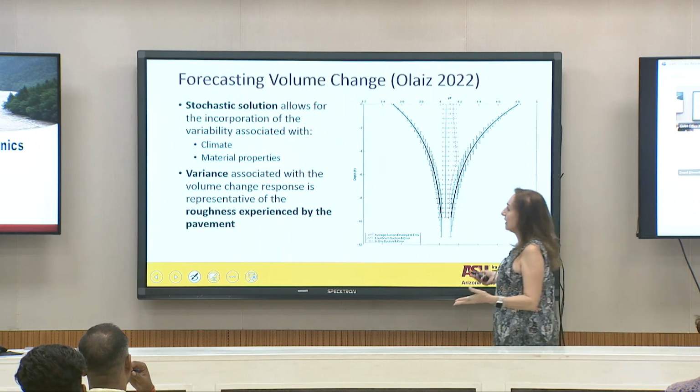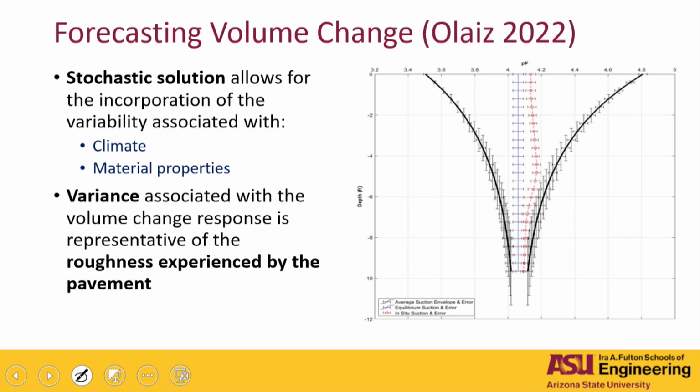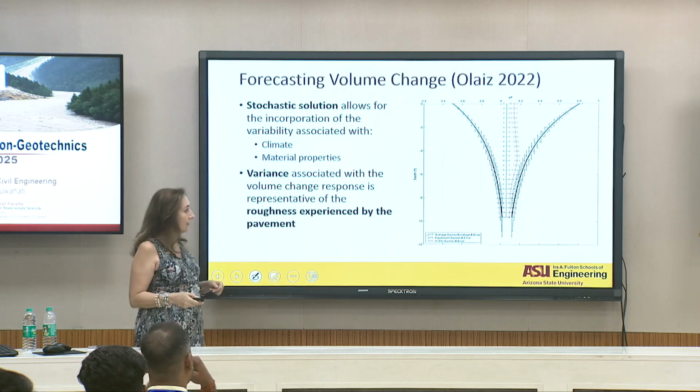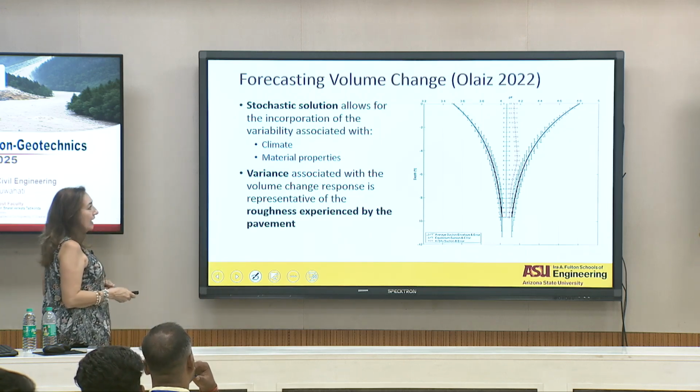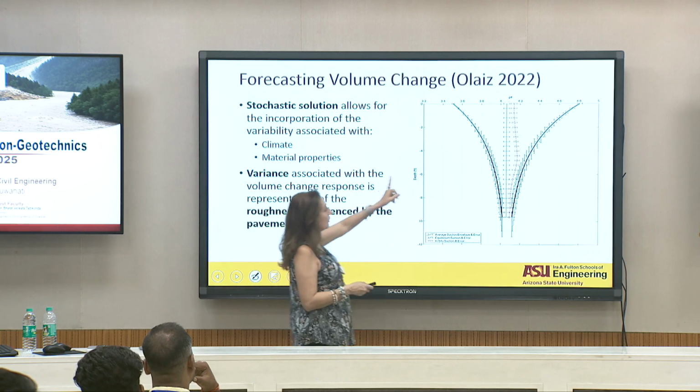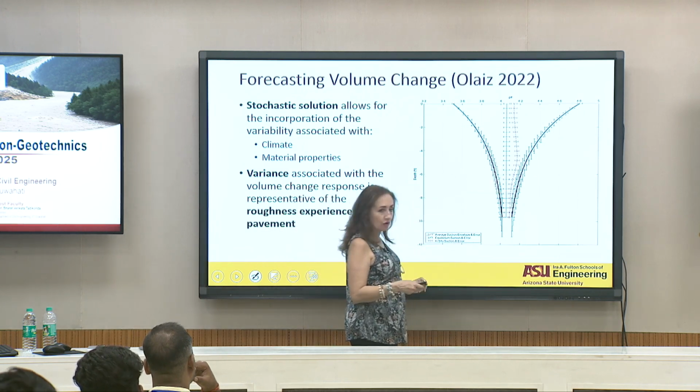And stochastic means that it will allow you all this variability associated with the climate and material properties, that in turn is going to behave as the variability associated with your suction parameters, right? Your suction envelopes in here, and not only the suction envelope, but also the equilibrium suction and so forth.